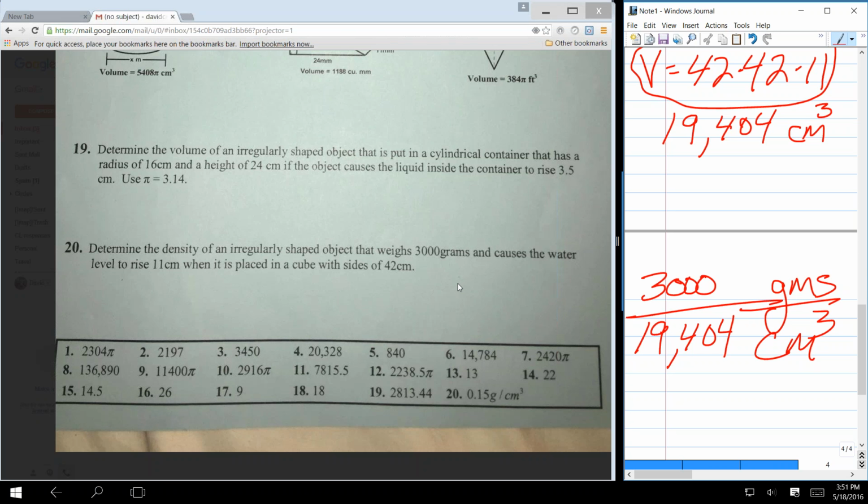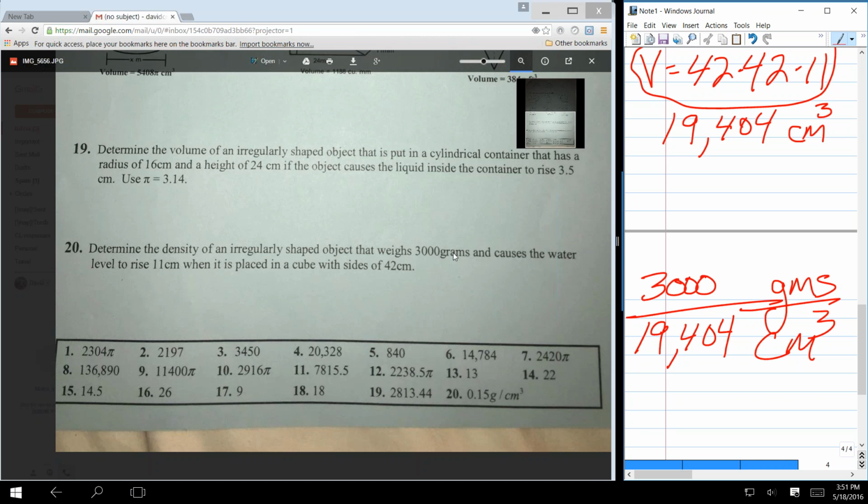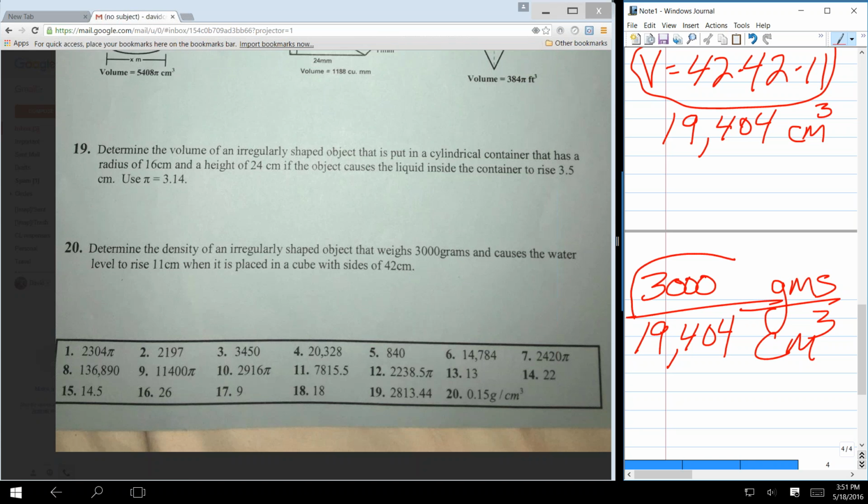The reason gold is denser than lead is because a cubic centimeter of each, the gold weighs more than the lead does. So its weight per cubic centimeter is higher. So that's what density means, is the weight divided by the volume. And that's how you know to divide 3,000 by 19,404.